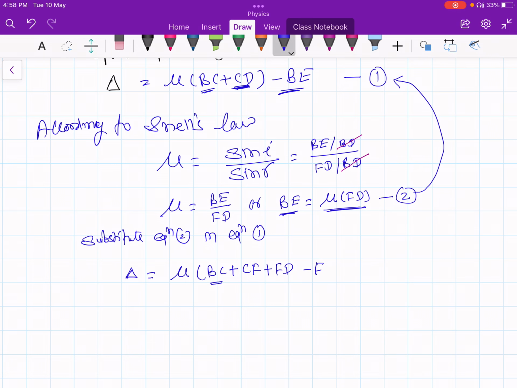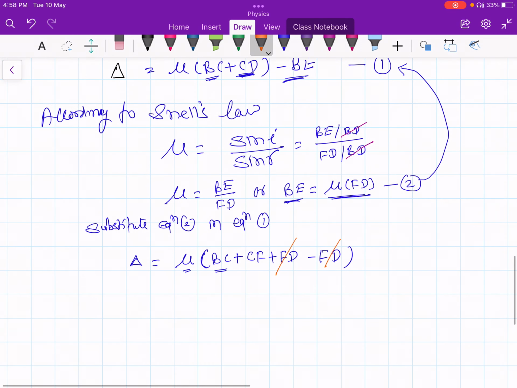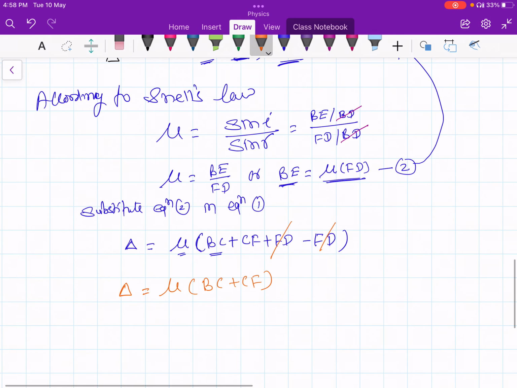I will take this FD inside the bracket, and common is the refractive index. So in this case, this FD cancels with this FD, and what we get is optical path difference delta is equal to mu times (BC plus CF).